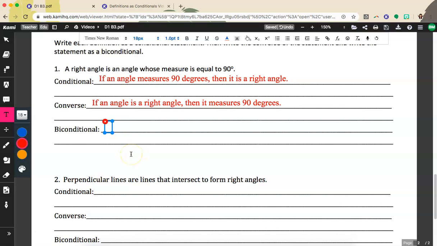So this one we do not use if-then format. We're going to start with either hypothesis, it doesn't really matter. I'm going to start with the first one. But instead of saying if, we're just going to say an angle is a right angle. And then I use the phrase if and only if it measures 90 degrees. It's kind of like putting them together. And this middle part, if and only if, I put in bold. That's what shows that it goes both ways.